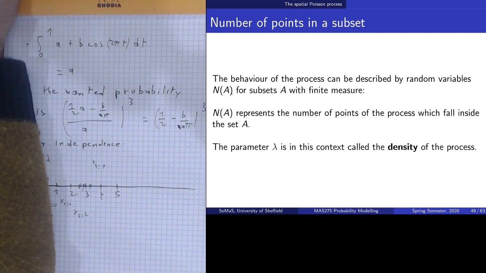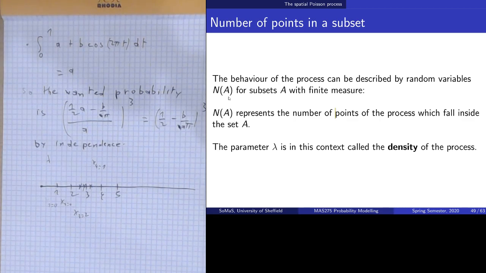N of A is the number of occurrences of points which land inside a set A. So you can view your Poisson process as just throwing a bunch of points in space. N of A is the number of points which fall inside my set A.